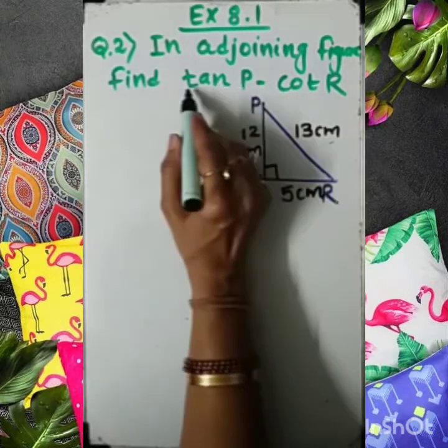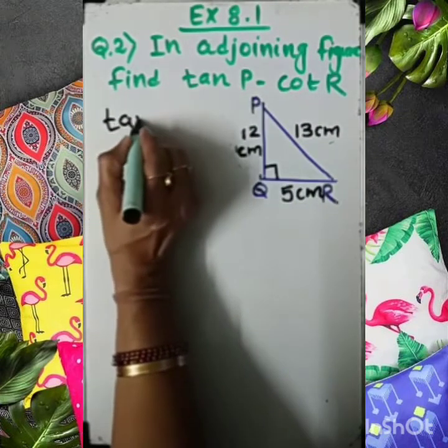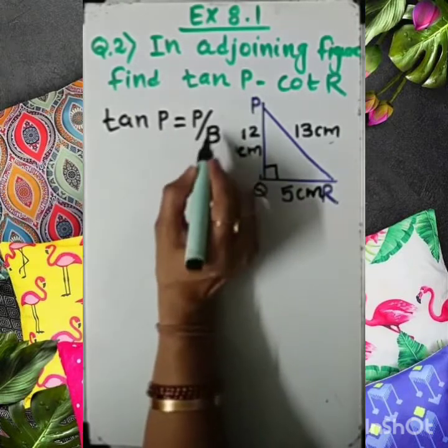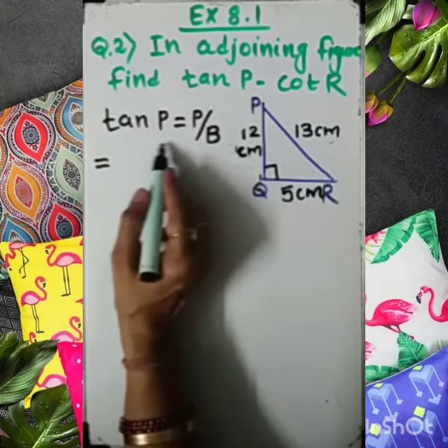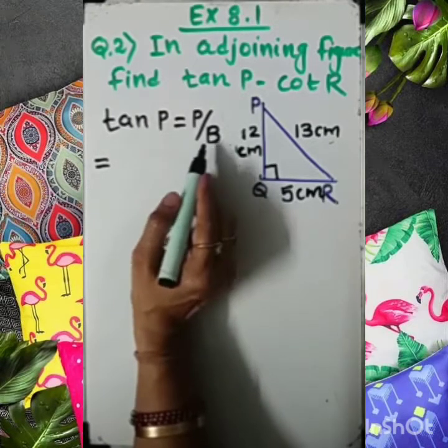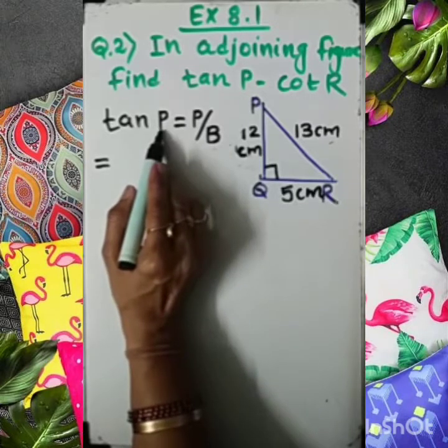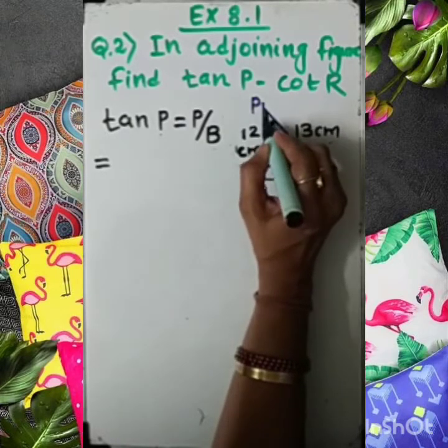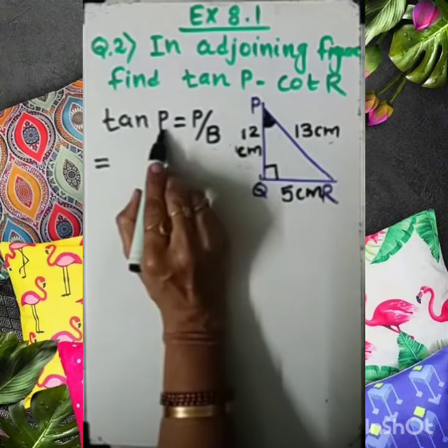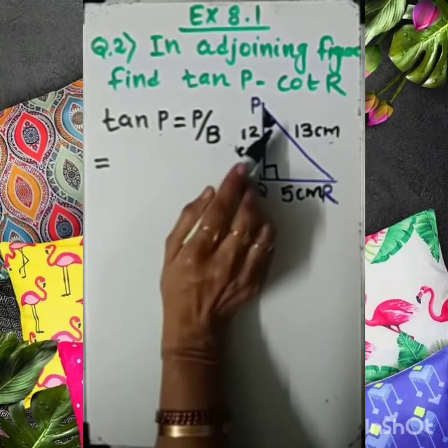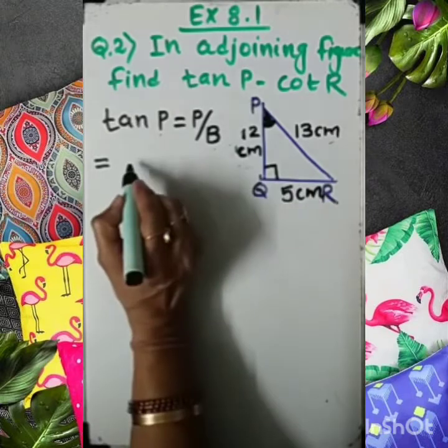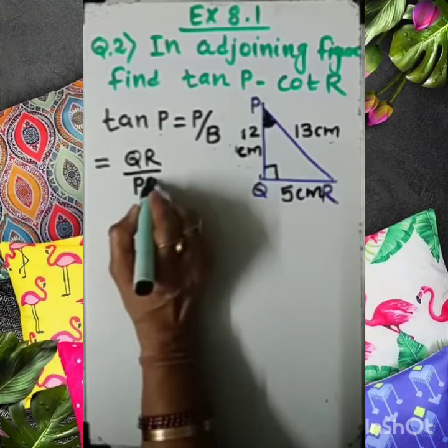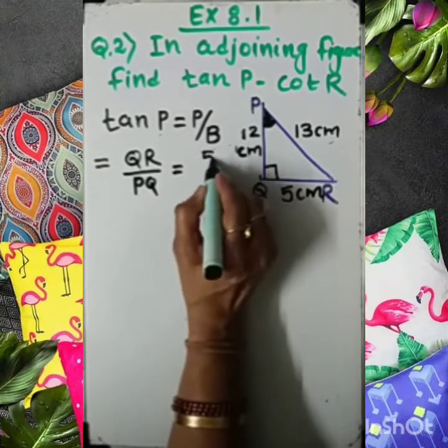First I need to find tan P. What is tan P? As we know, tan means P by B. If you do not want to write this, then also okay, but as you are a beginner, you need to mention P by B. Now dear student, this is angle P. Keeping this angle in mind, the perpendicular for angle P will be QR, and the base will be PQ. So it should be 5 by 12.